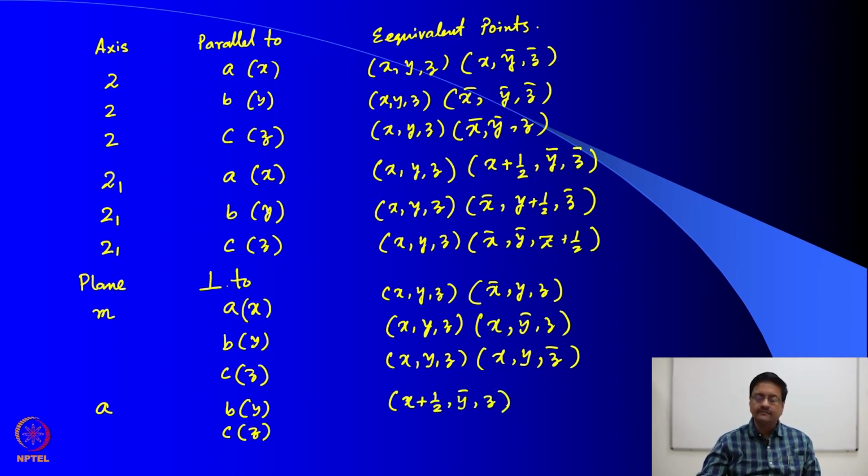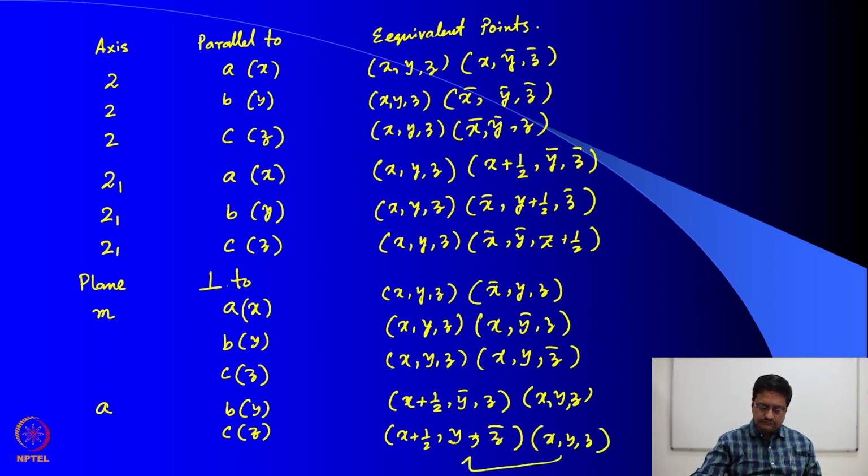Similarly, in this case, the translation is again along x, the reflection is perpendicular to z, so y remains as y and it becomes z bar. So this is how you should try to convert these different glide planes and draw the corresponding equivalent points. Of course, it is x, y, z which is always there, which gets converted to the new coordinate because of that applied symmetry.